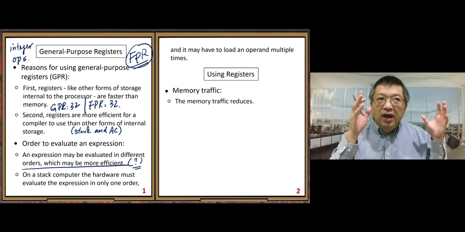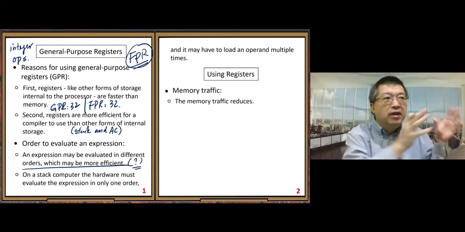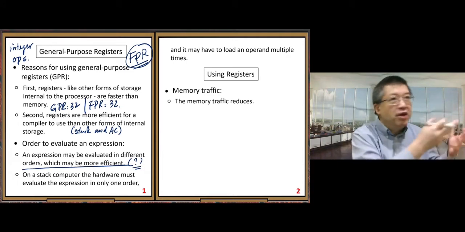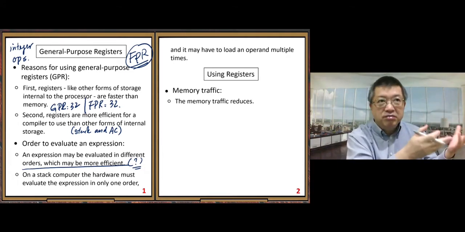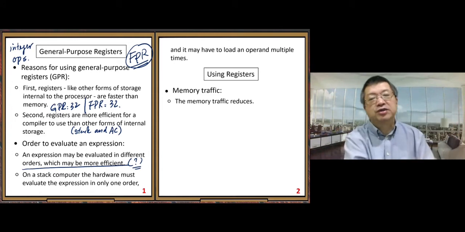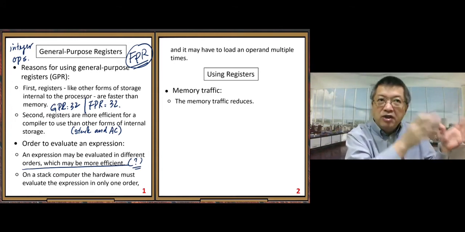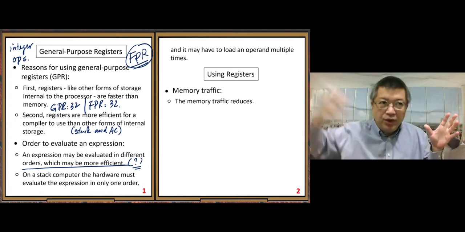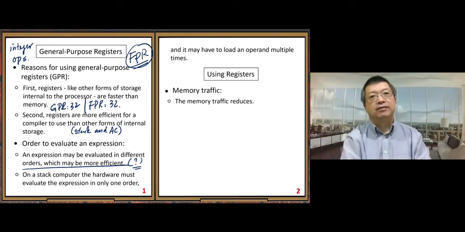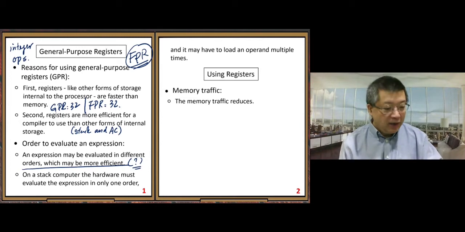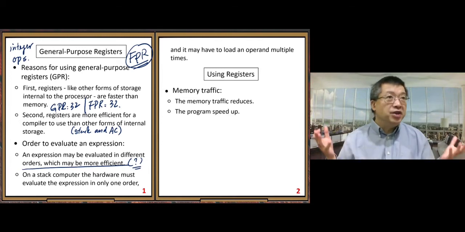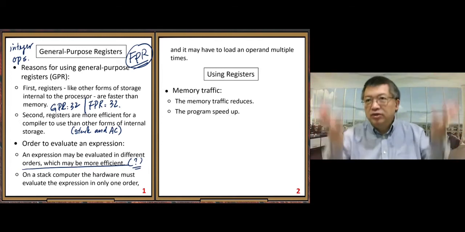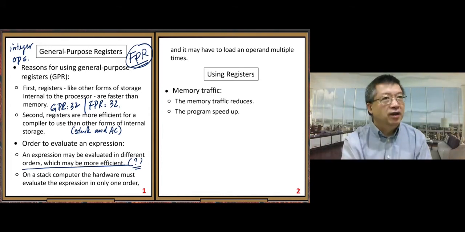Because after we store the data in the registers, we can reuse the data stored in the registers. So that can save us many memory trips and reduce the memory traffic. As a result, the program speeds up.